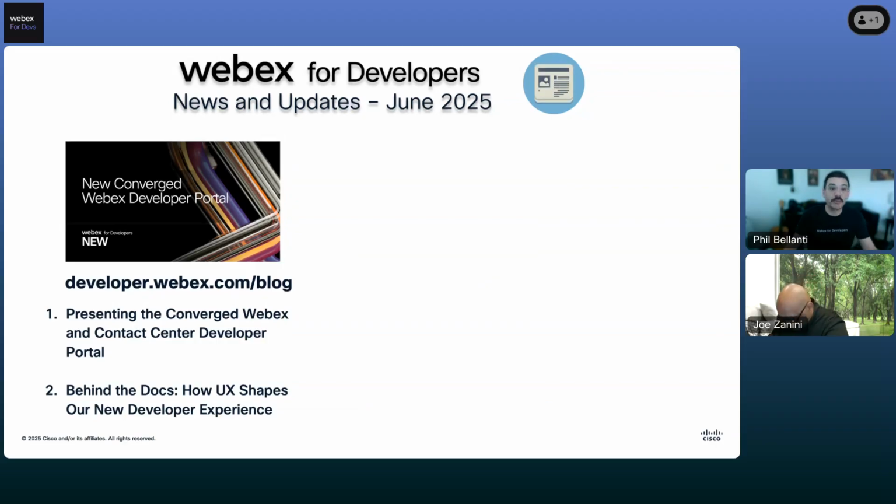We have a couple of new blog posts about it on the Converge portal at that URL right there. One is from our leader of the documentation team, John Francis, who walks us through all the new features of the portal and provides a good lay of the land.